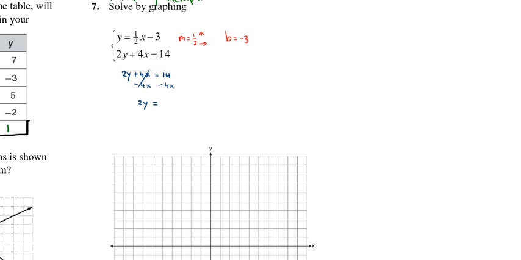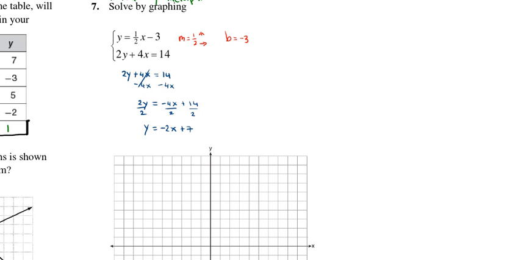That would leave us with 2y is equal to negative 4x plus 14. And then we need to divide by 2. So y is equal to negative 4 is divisible by 2. Negative 4 divided by 2 is negative 2x. And 14 divided by 2 is positive 7.